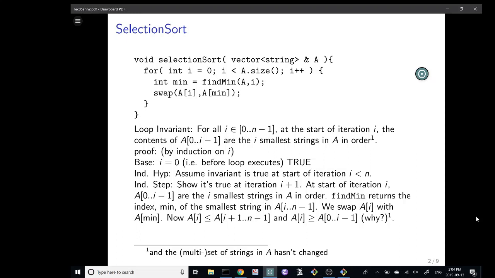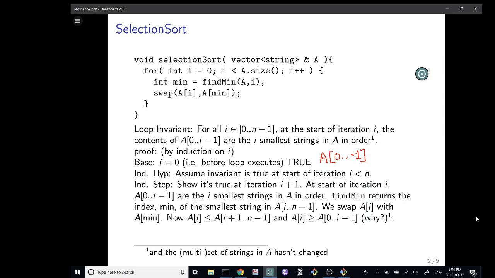And the trouble is that if I look at what the loop invariant says at that point, it says that the contents of A0 through 0 minus 1, which is minus 1, are the I smallest strings in A, and they're in order.